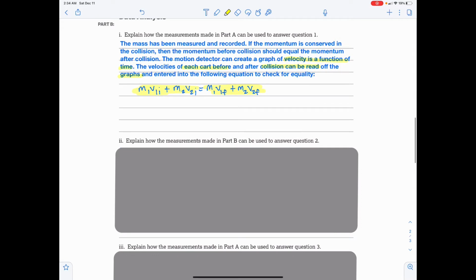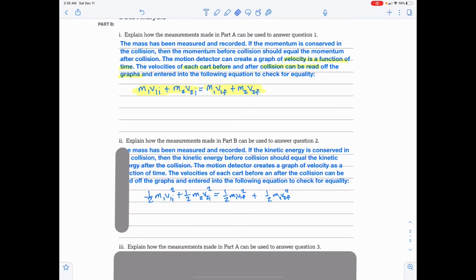Part B2. Explain how the measurements made in Part A can help answer question 2. Now remember, question 2 was asking whether or not the mechanical energy of the system is conserved. Again, the mass has been measured and recorded. If the kinetic energy is conserved in the collision, then the kinetic energy before the collision should equal the kinetic energy after the collision.